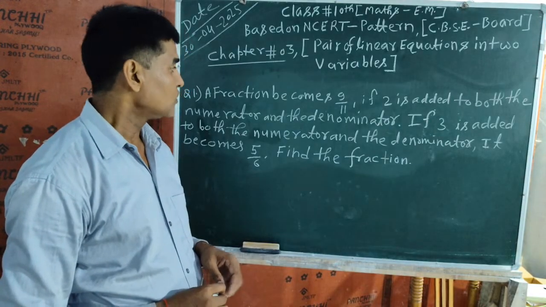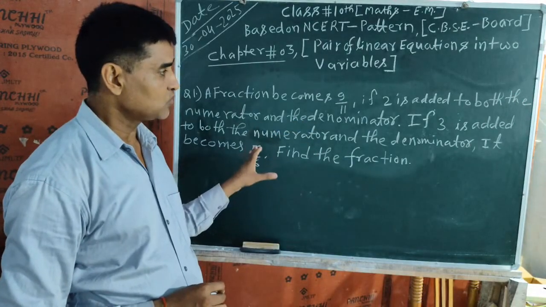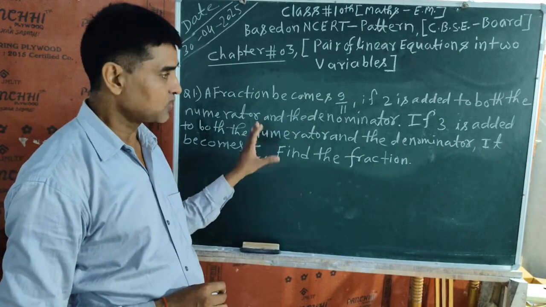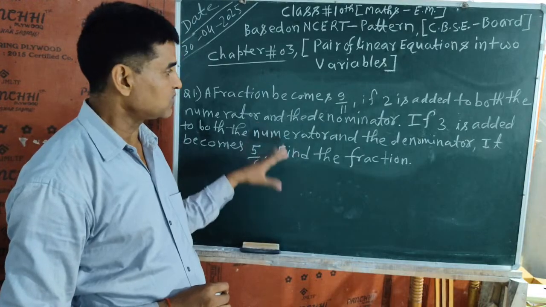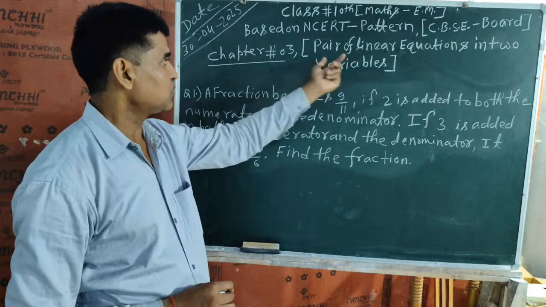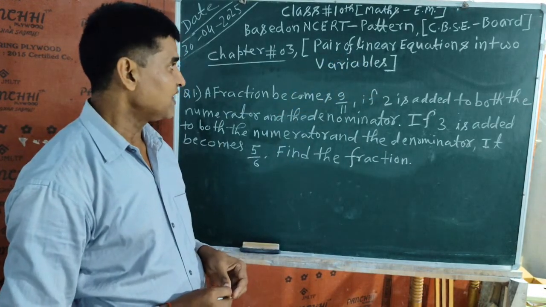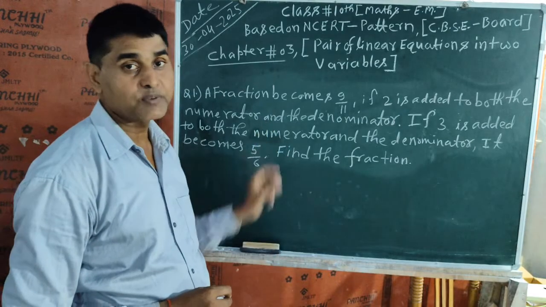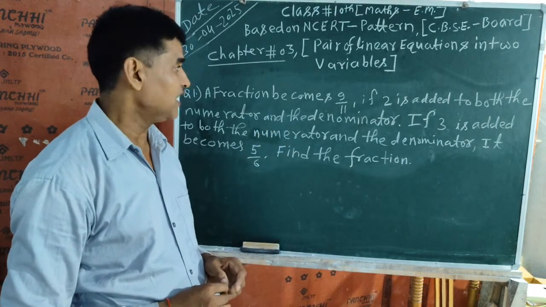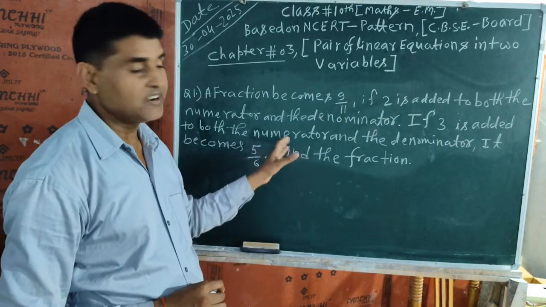Okay student, first I will read this question and make the equations, and after solving I will get two linear equations as a pair of linear equations in two variables. Then I will use the substitution or elimination method, any one method, to find its solution.